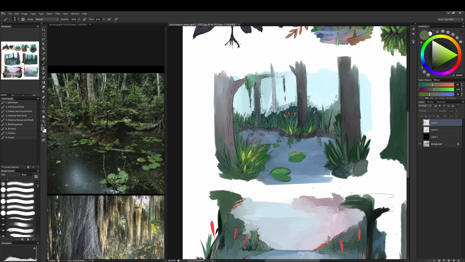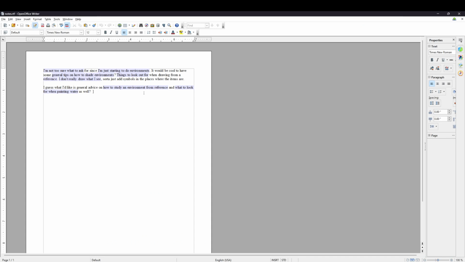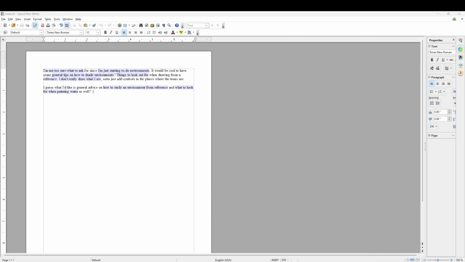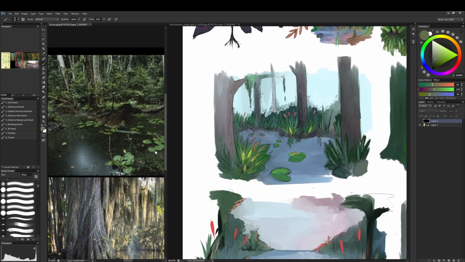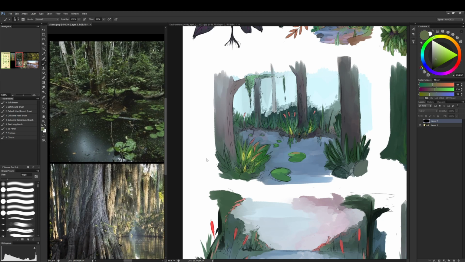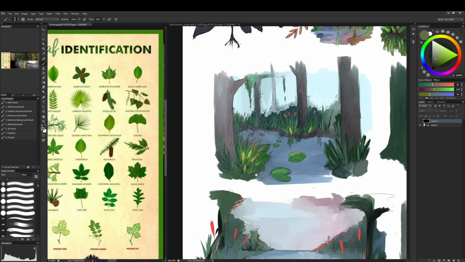Now, in terms of, what else did you ask? Things to look out for. Okay, so I think you've done a fairly good job with getting shapes of things, but it can help to be more precise.